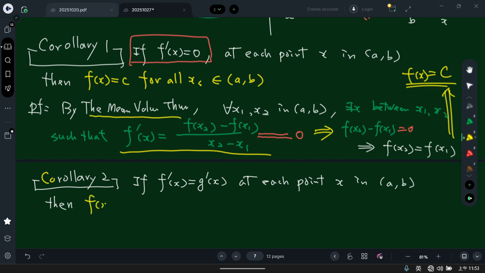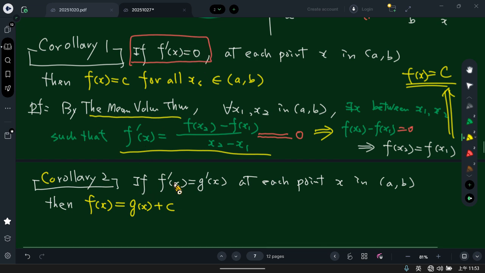f of x is equal to g of x plus c. I just list it here so you can make a comparison. The corollary here is a little different. Before, we assumed f prime x is equal to 0.